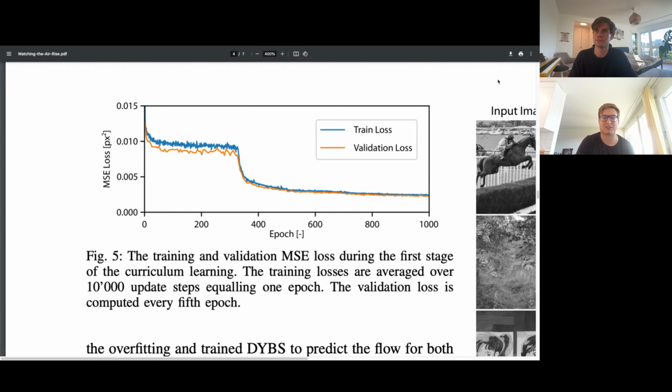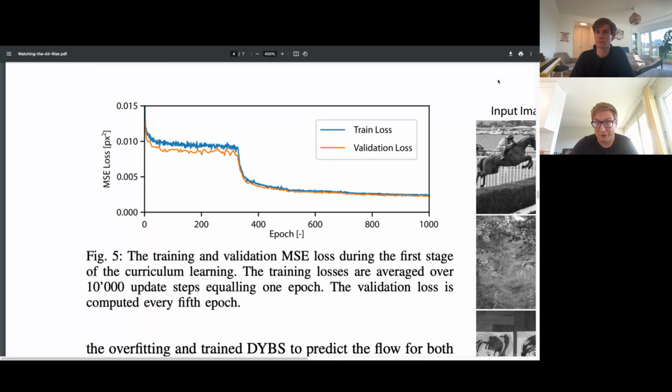So it could overfit to just these backgrounds rather than working on any random background. So what we did is we first had a very limited data set of optical flows and backgrounds. And we would train with 50% of these realistic backgrounds and 50% of these random backgrounds that are artificial samples.